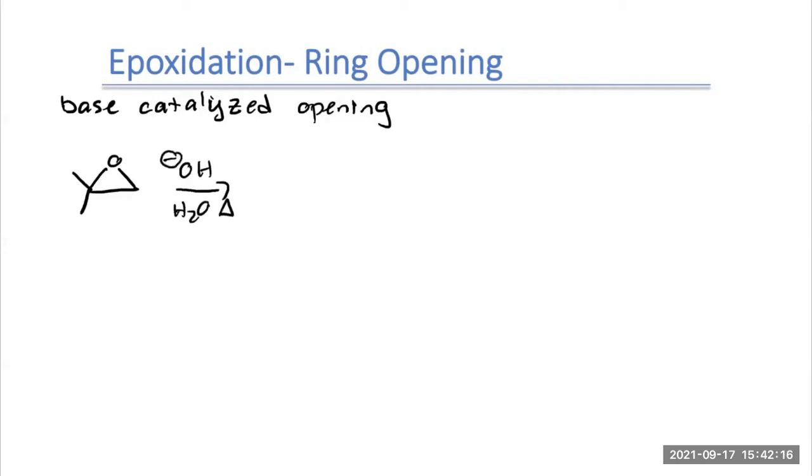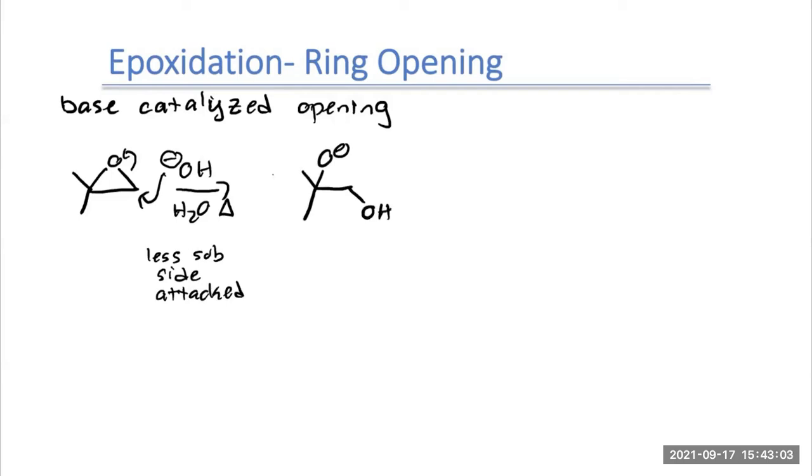Since it's in base, the first step is going to be that negative charge is going to come and attack the less substituted side. So our less substituted side gets attacked. That'll then move electrons up to the oxygen. Our product that looks like that.